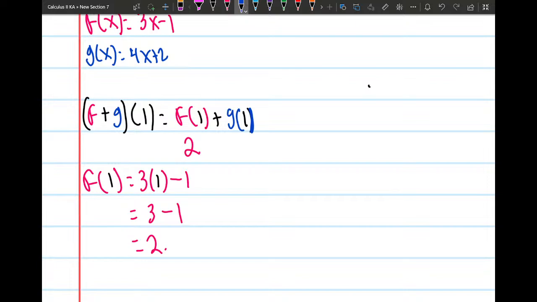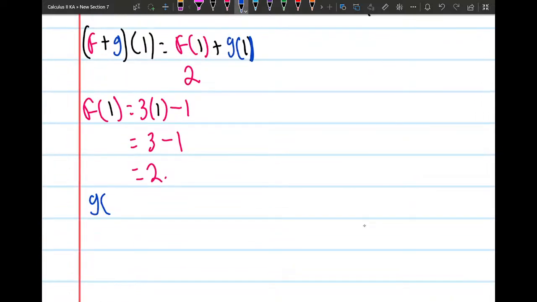And then g of 1 is actually going to be equal to the following. Sorry guys, 1 second.